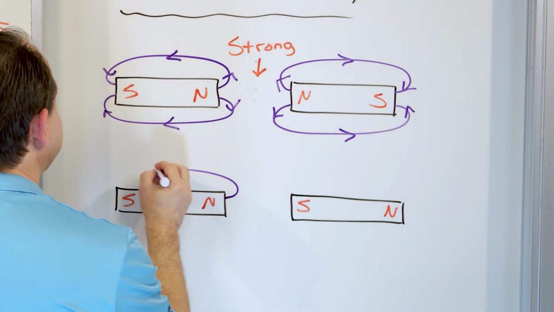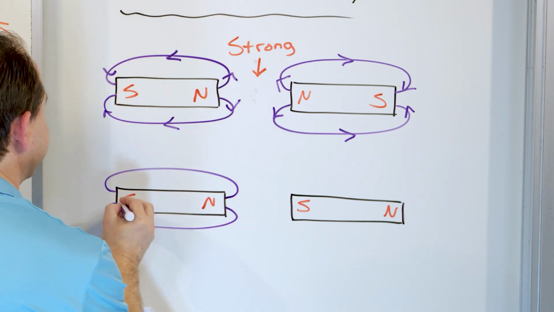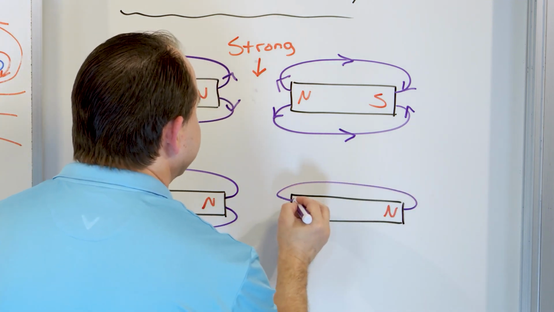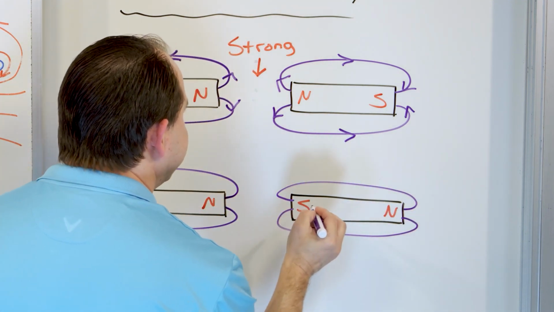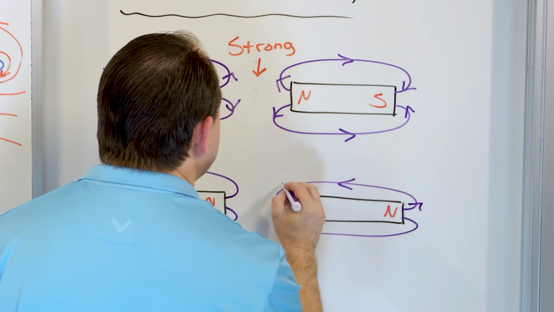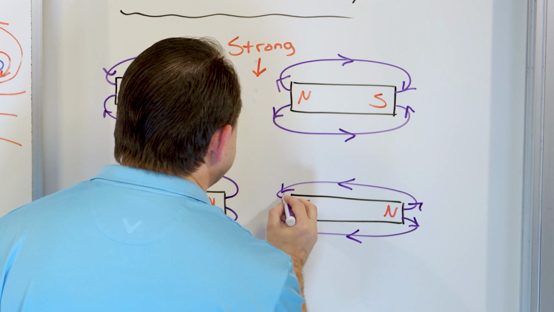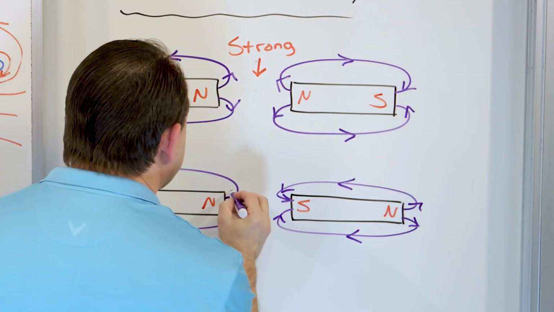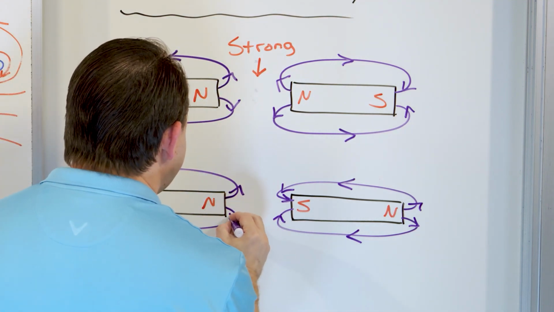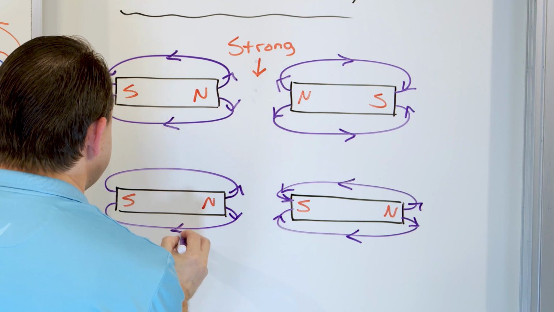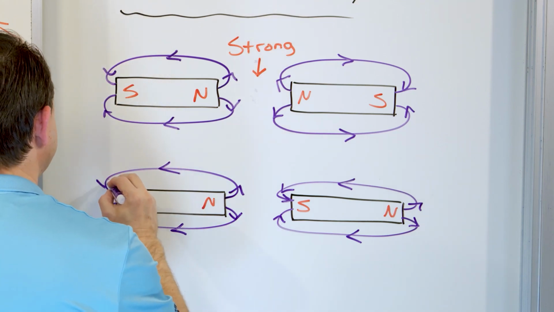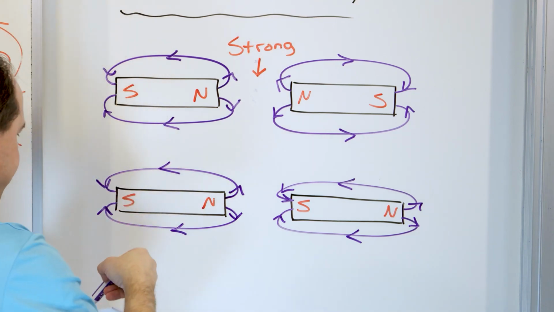The magnetic field exits and enters here. It goes out of the North Pole, always into the South Pole. So out of the North Pole here, and in this direction, and into the South Pole here.